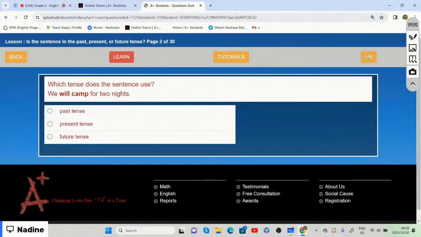We will camp for 2 nights. So will is there. If will is there in the sentence, is it in the past tense, the present tense, or the future tense?